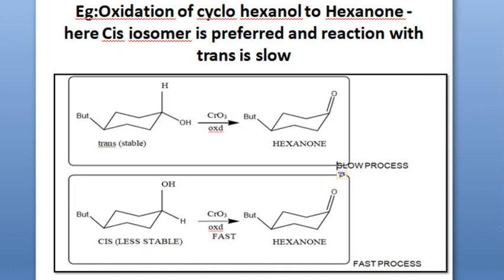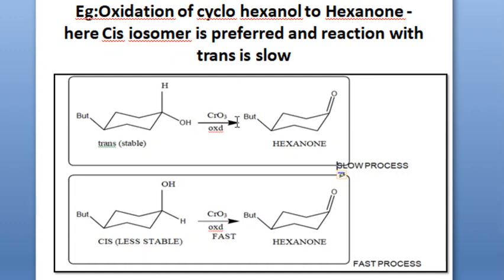Cyclohexanol, this is the chair form of cyclohexanol, and we have taken one as trans and another as cis. How do you assign trans and cis? At the fourth position you have a butyl group, and in the first position you have OH in equatorial, and butyl is also in equatorial position. 1,4 equatorial-equatorial is trans, and 1,4 axial and equatorial we classify as cis.